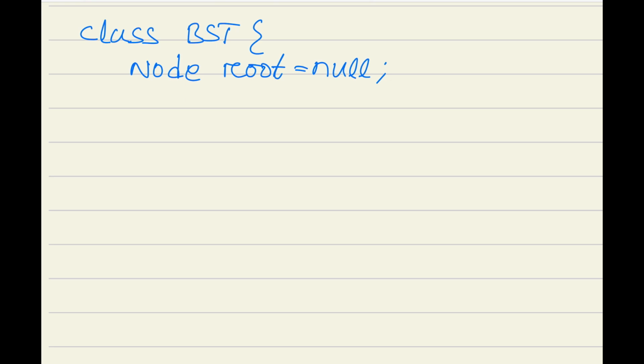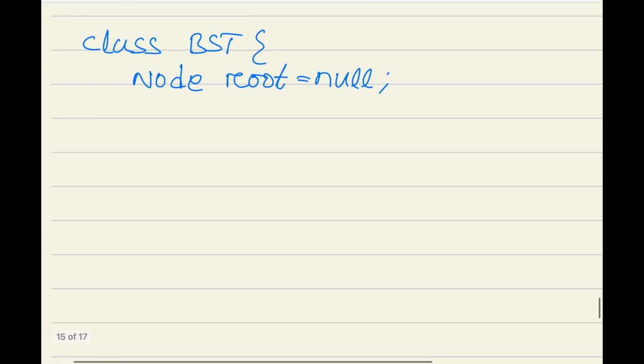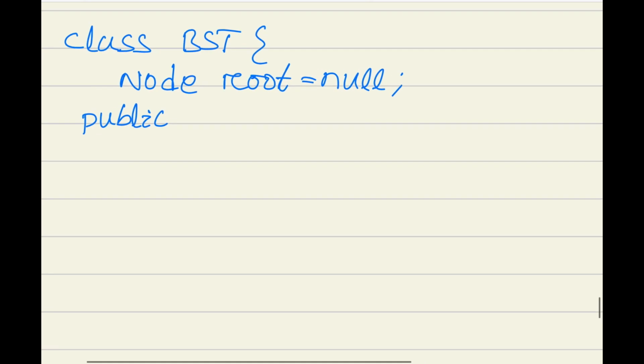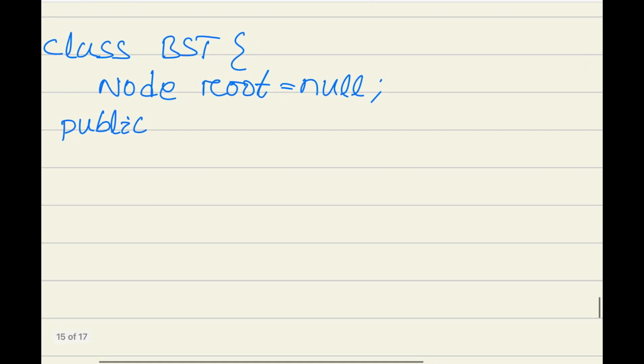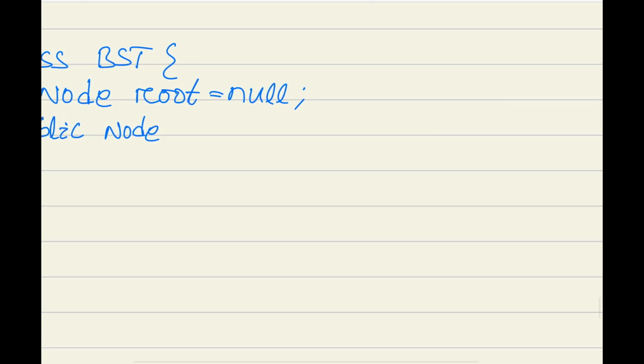Now we are going to write the addBST method, to insert one node into the binary search tree. We can write the method like this: public, and the return type is Node. That means after inserting a node the method is going to return the root. That's why we are writing the return type as Node.